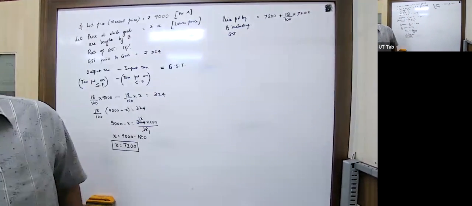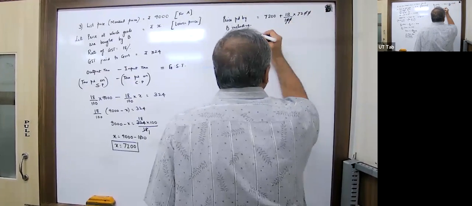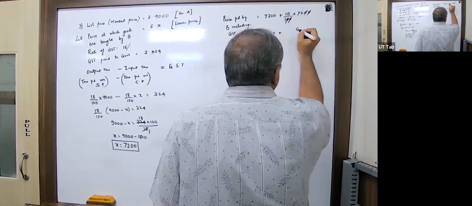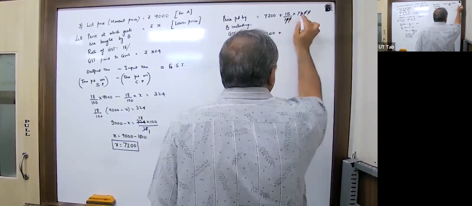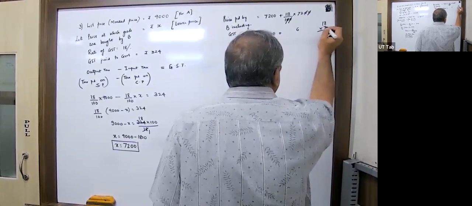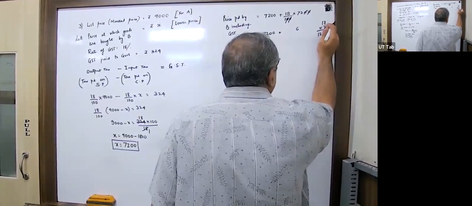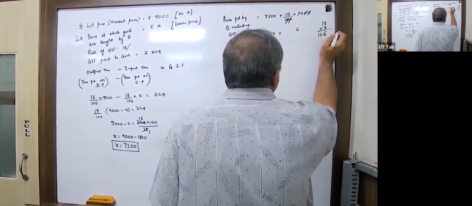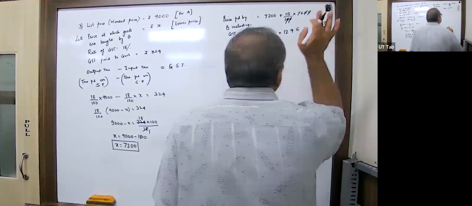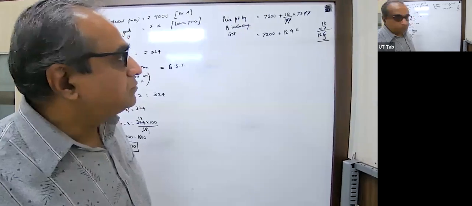Do you agree with us? 18 twos are 36, carried forward 3. 18 sevens are 126, plus 3, 1 2 9 6. बराबर है 7,200 प्लस 1,296. Read the question.